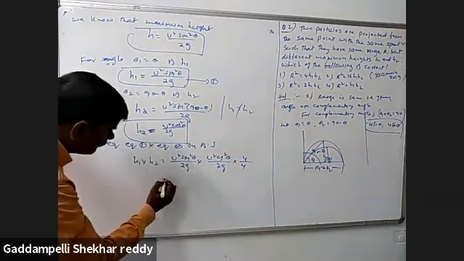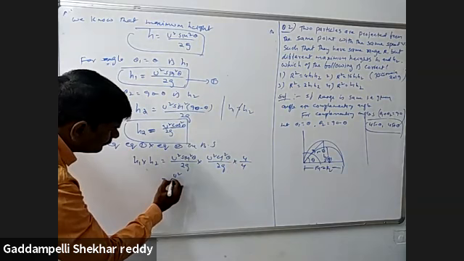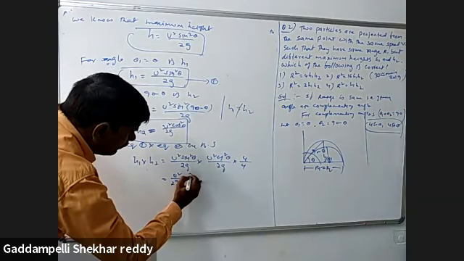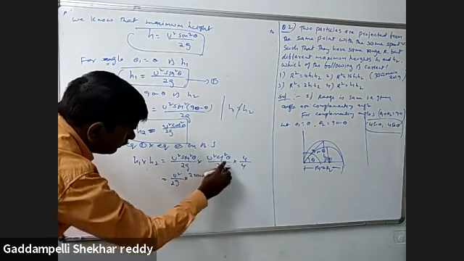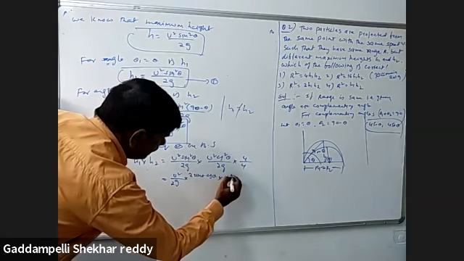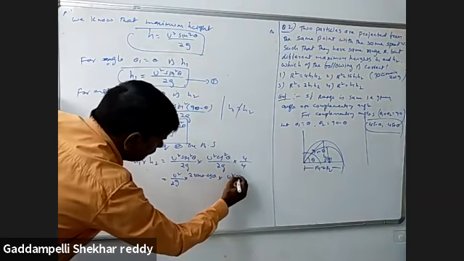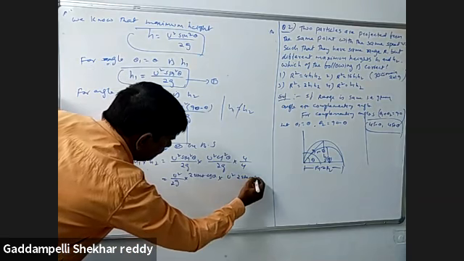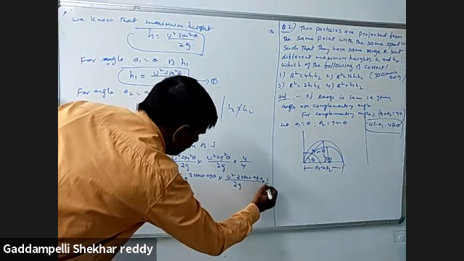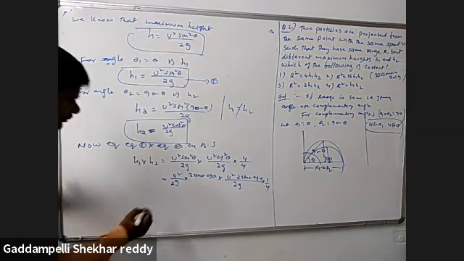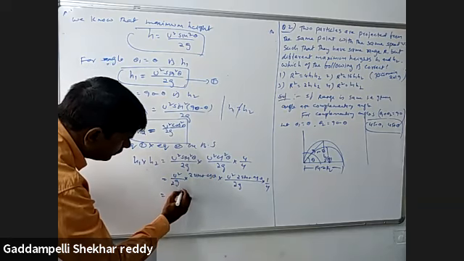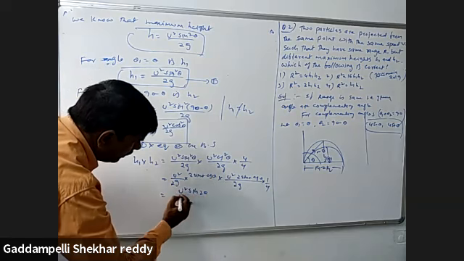We write u square by 2g, and here 4 into 4, 2 into 2: sin theta cos theta in each factor. So the value becomes u square 2 sin theta cos theta, that is u square sin 2 theta by g.